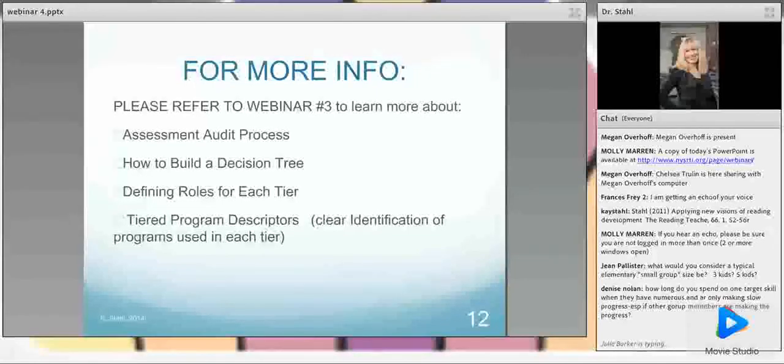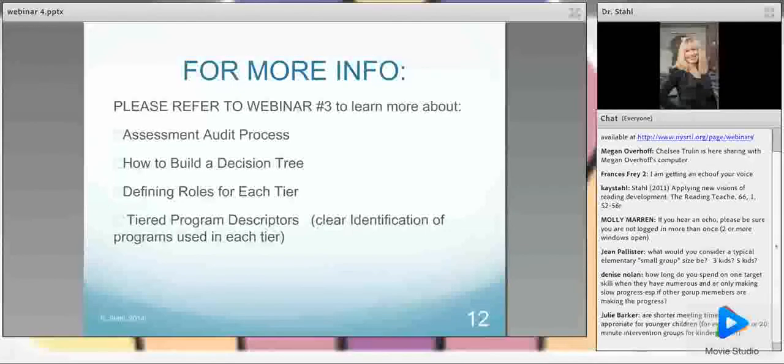And also how to identify what program, what intervention are we using in Tier 2? What intervention are we using at Tier 3 in grades 3, 4, and 5? Or are we needing in grades K, 1, and 2? These things can't just be left to chance. They need to be defined by the school RTI design team or the school literacy team, and they need to be in black and white on paper. The teachers must be committed to these guidelines.